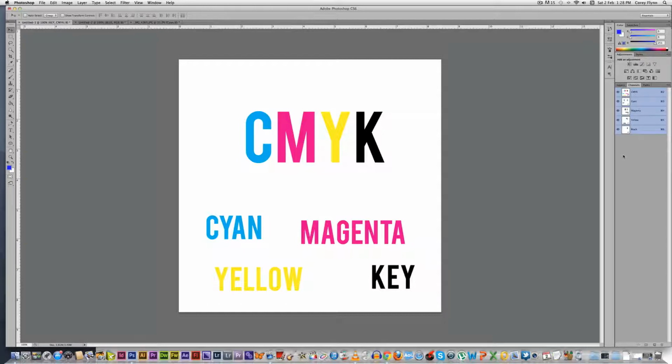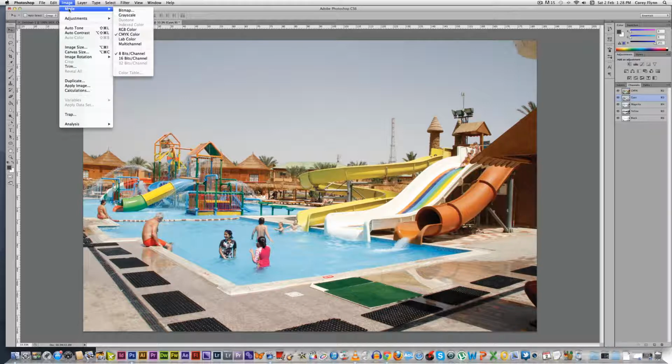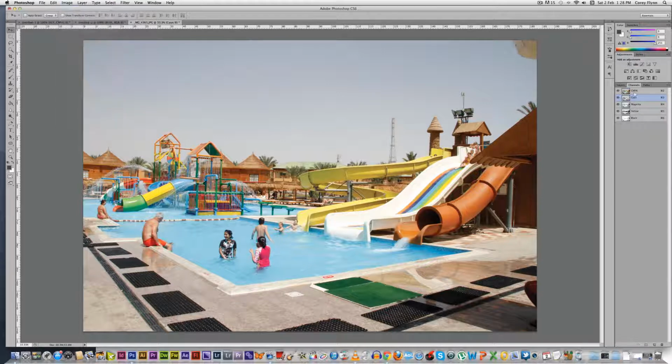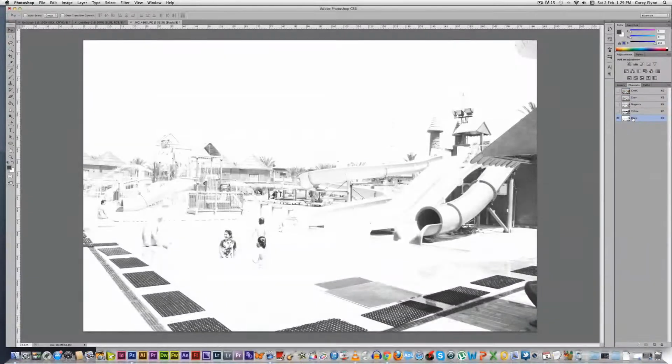Now in printing, you would print all of those coloured layers on top of each other, and that would form one coloured picture. So if we look at a picture of some slides, a swimming pool I took, and go to image mode CMYK, and go over to channels again, we'll be able to do the same for this. If we take all of them off, except key, which is black in Photoshop, that's all the black in the picture.